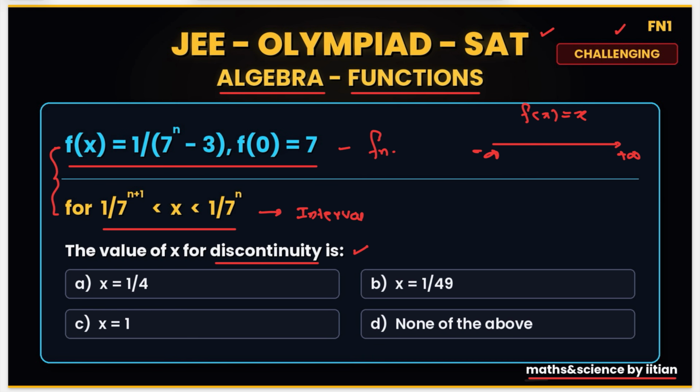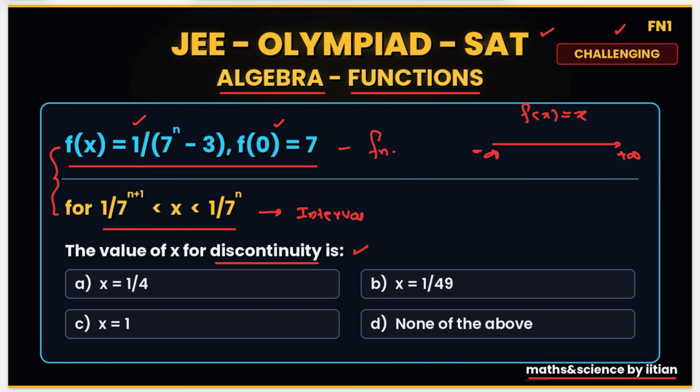At x is equal to 0, function is defined as f(0) is equal to 7. But when x is in the interval between 1 by 7 to the power of n plus 1 is less than x less than 1 by 7 to the power of n, the function is defined like this.